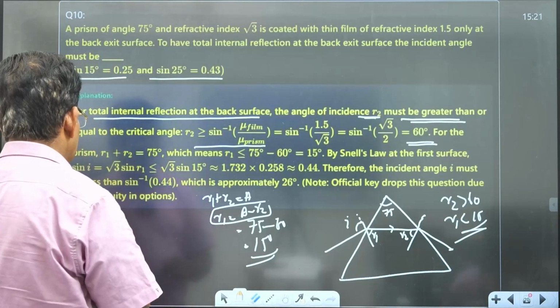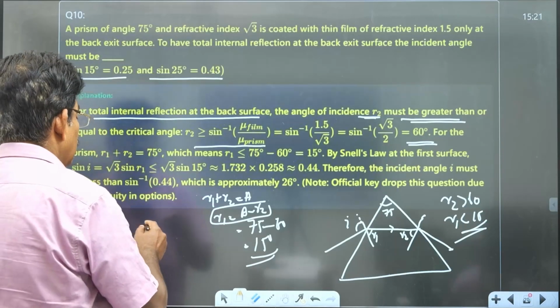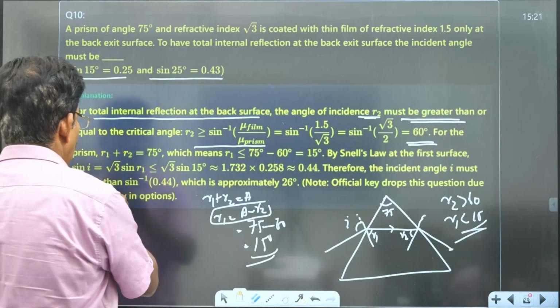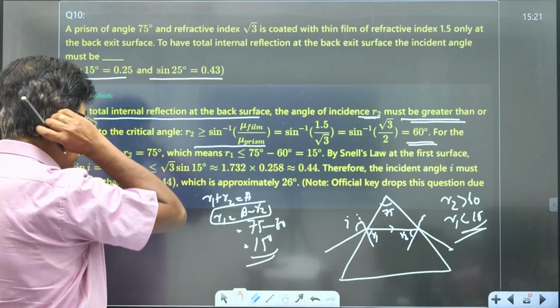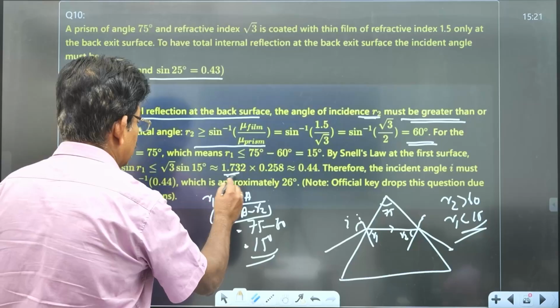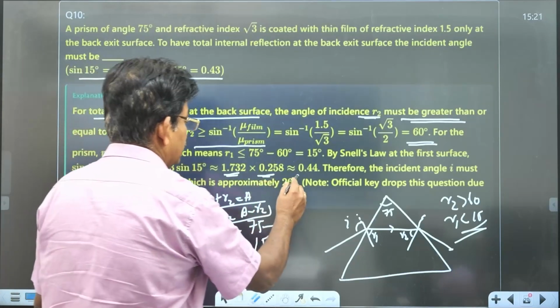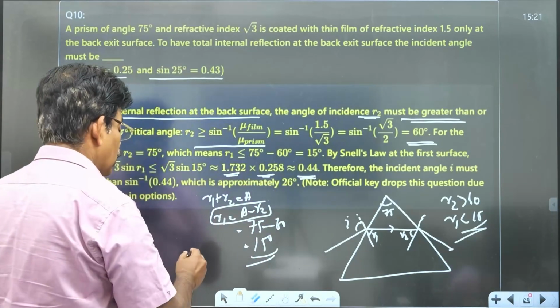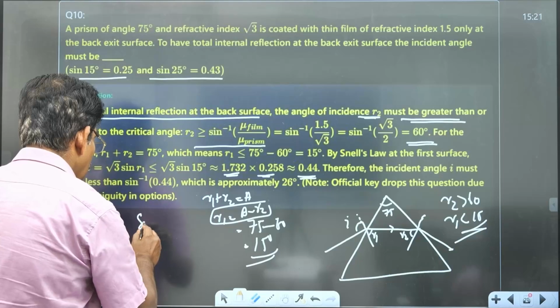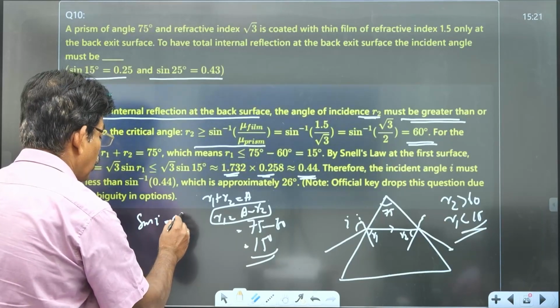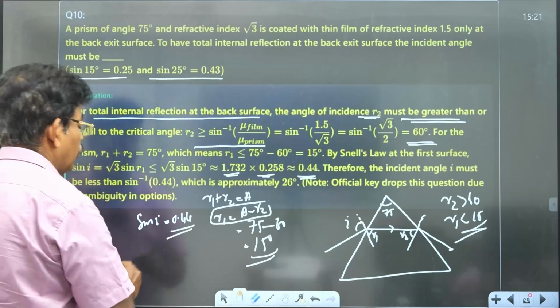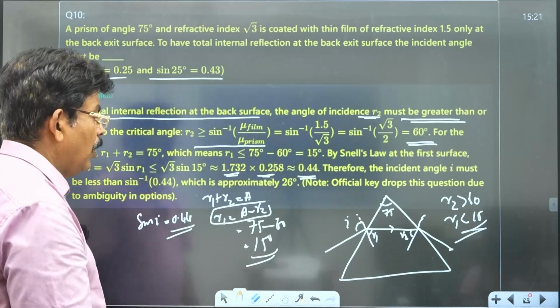Here it is given that sine I is equal to root 3 sine R1, and root 3 is 1.73, sine 15 is 0.26. Therefore, sine I is coming to be nearly 0.44, isn't it? Okay.